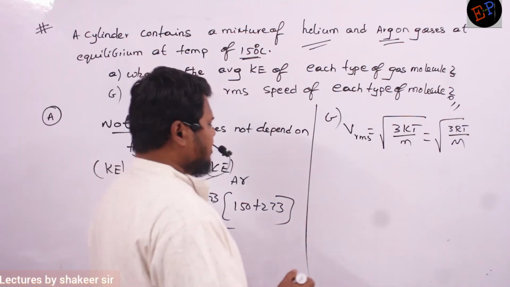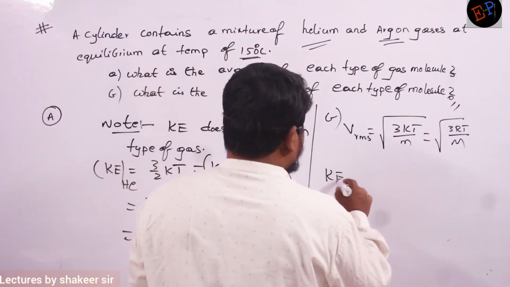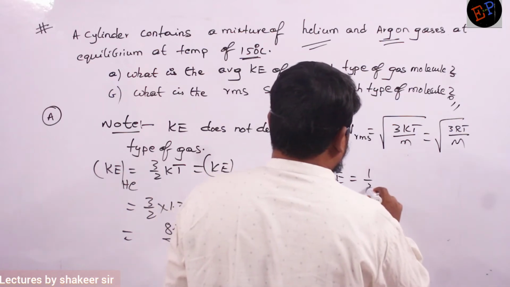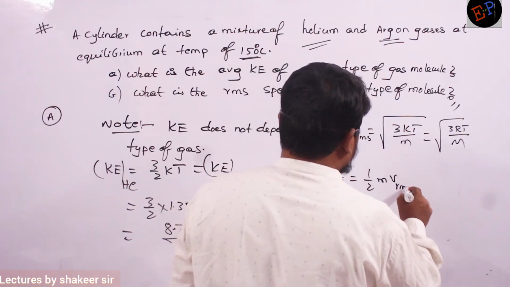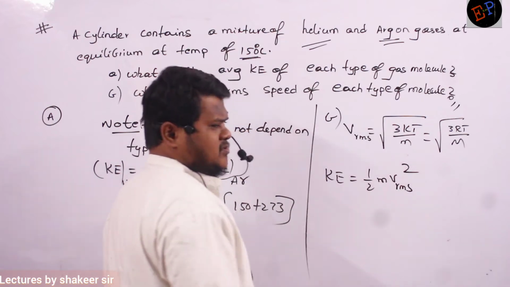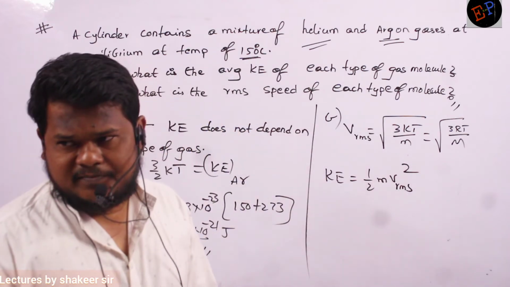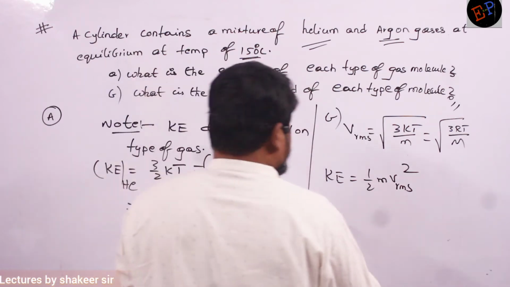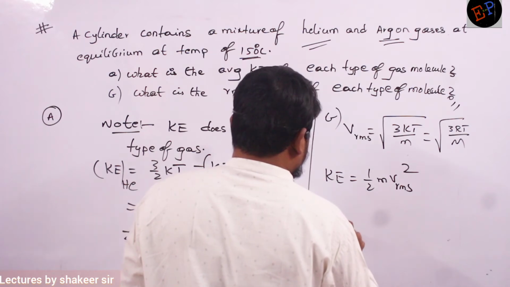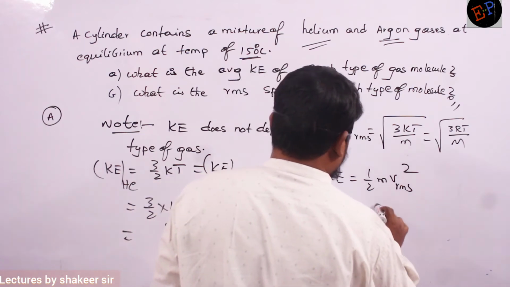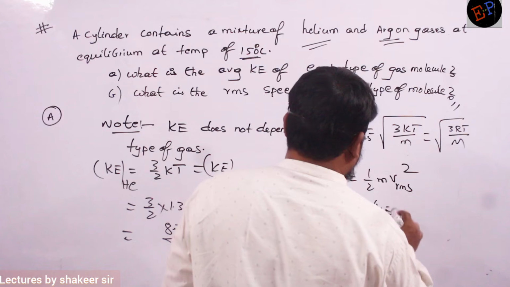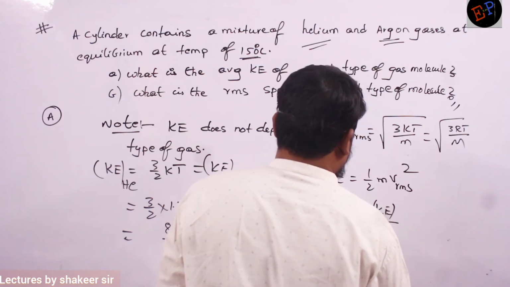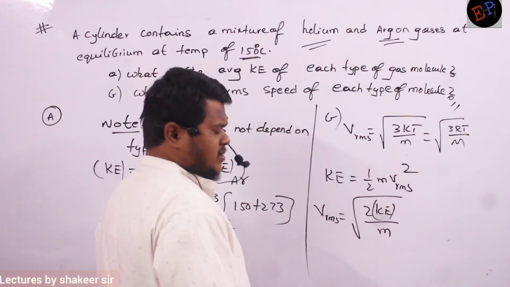The formula for kinetic energy is half m Vrms square. You can calculate from this one also. That is your wish. So therefore Vrms is equal to square root of 2 KE divided by m. Like this also you can do the calculation.